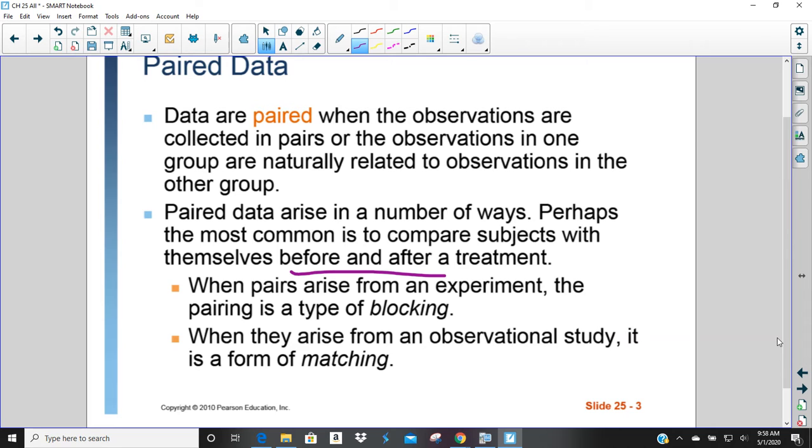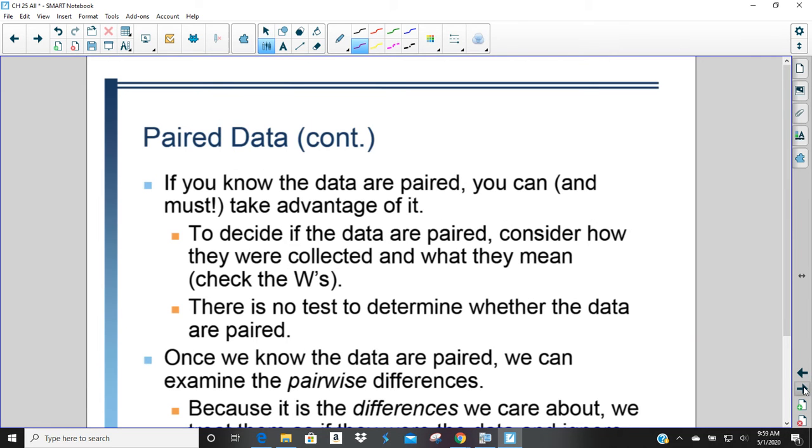Pairing in an experiment is called blocking, and pairing in an observation is called matching. Remember, matching and blocking are the same thing, but matching is for observations and blocking is for experiments. That's a good review for 2 weeks from now.